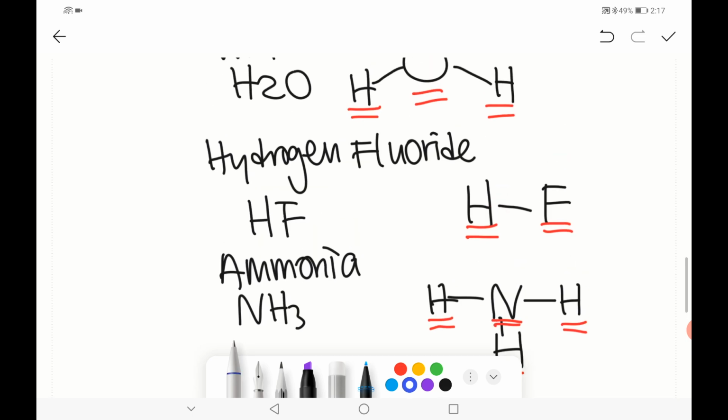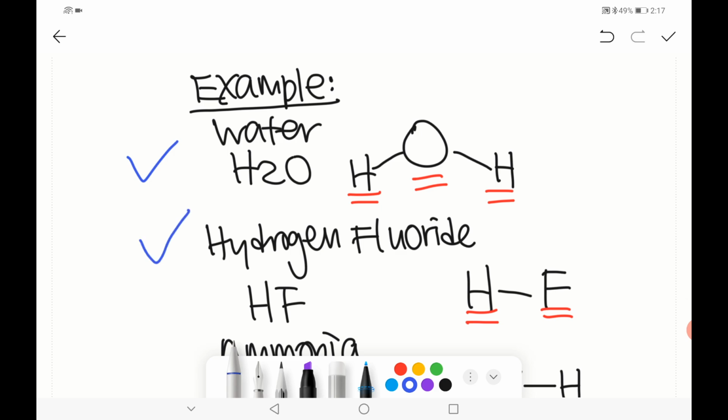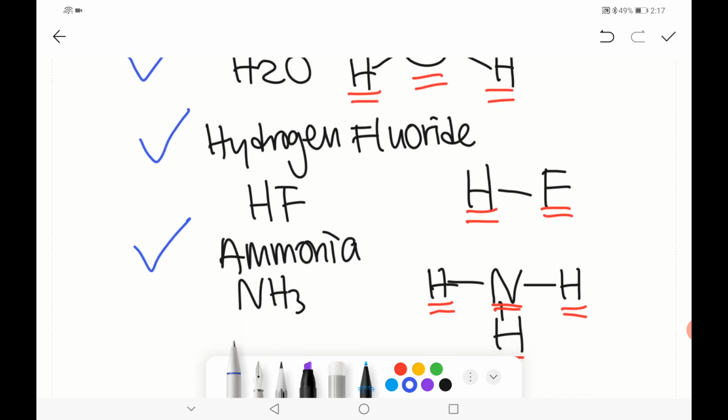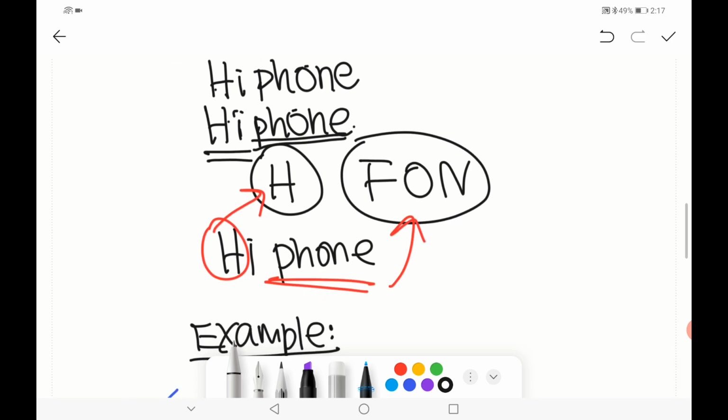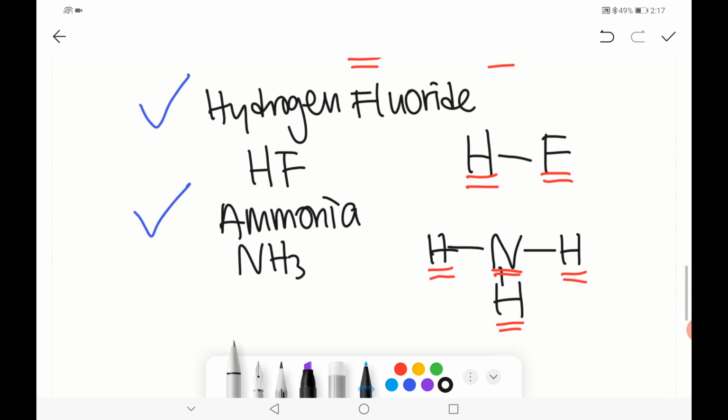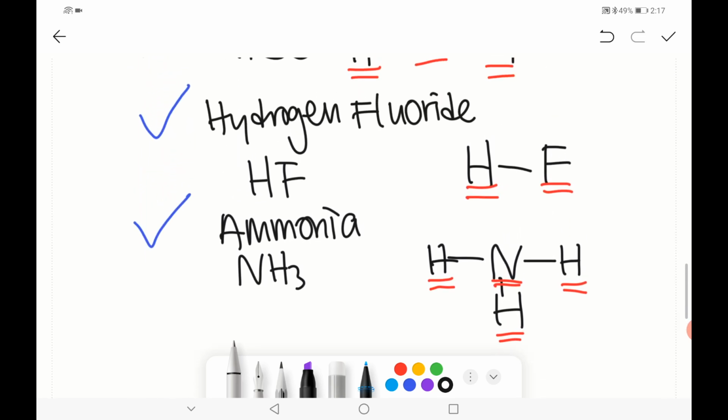So water, hydrogen fluoride, and ammonia all can do hydrogen bonding because they fulfill the rule H-FON. That is the requirement for hydrogen bonding.